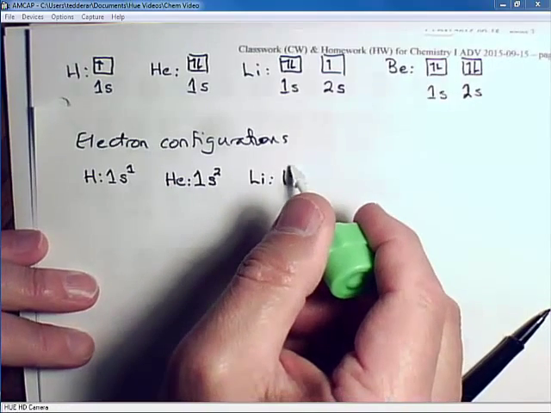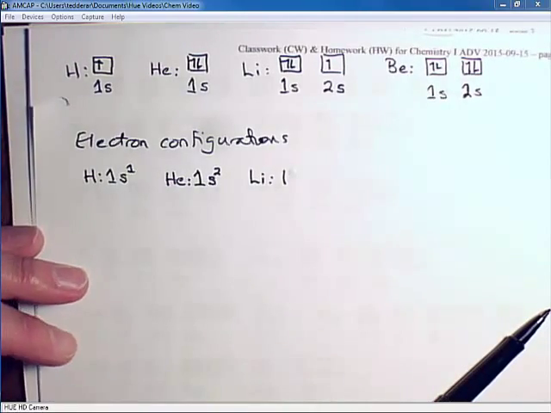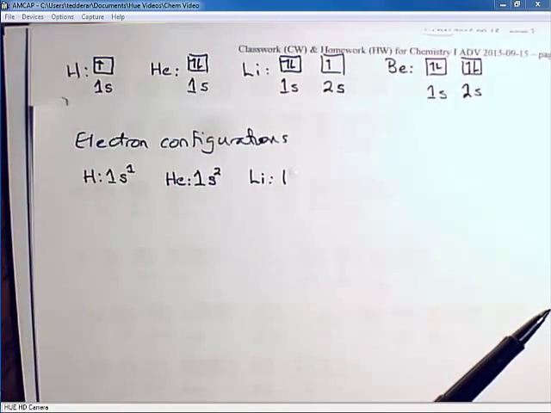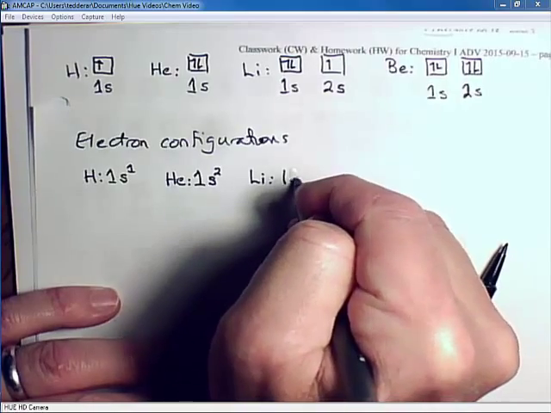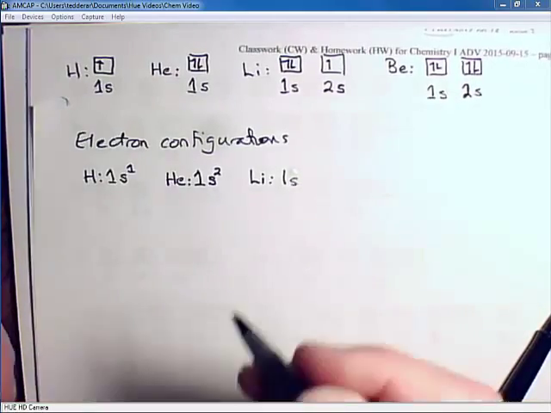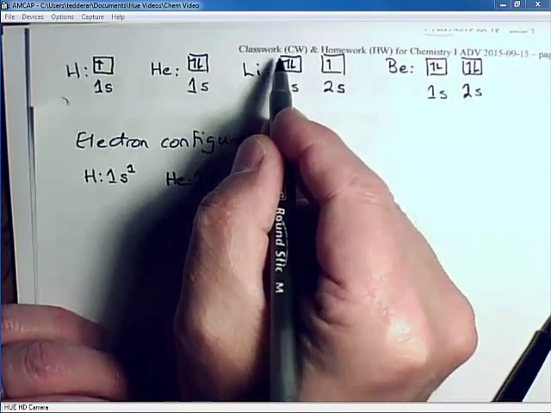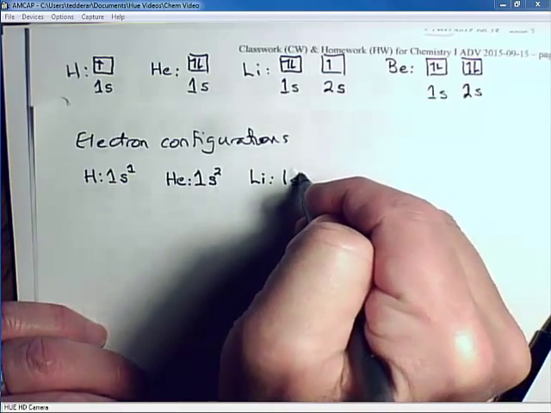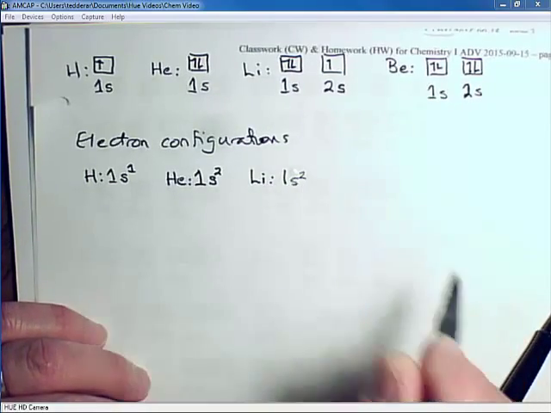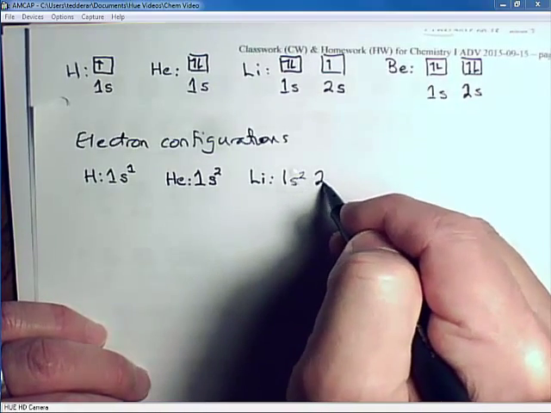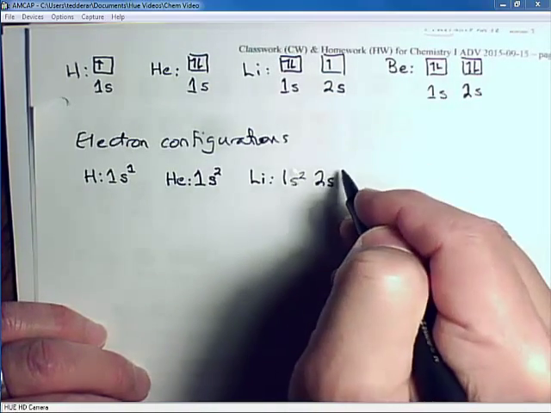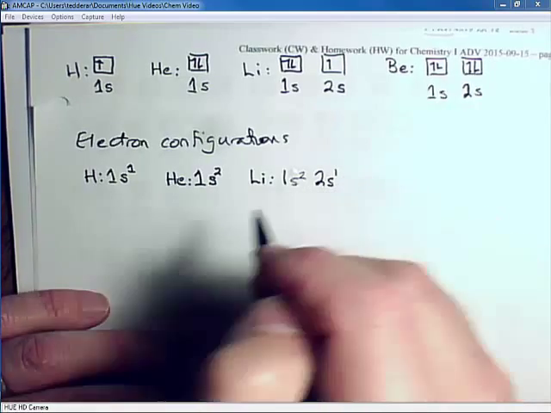That's not a superscript. s, and then a superscript 2 for the 2 electrons in that s sublevel. And then we've got electrons in 2s, so we're going to write 2s, and there's only one electron there, so it's 2s1.